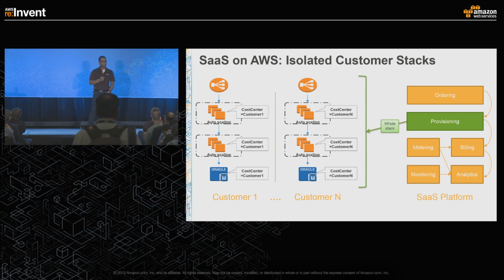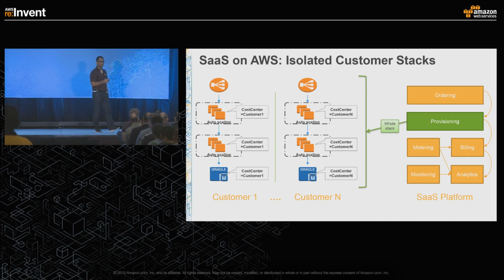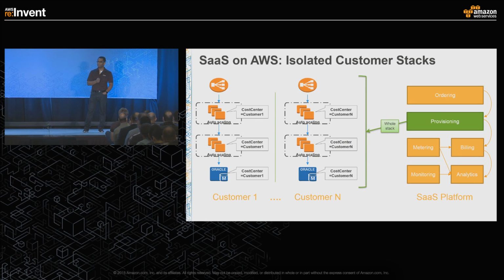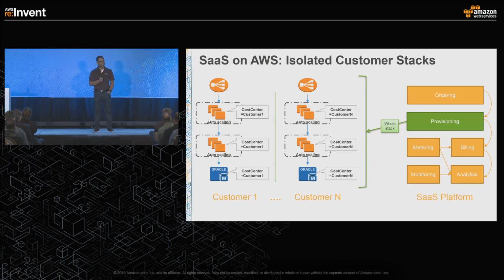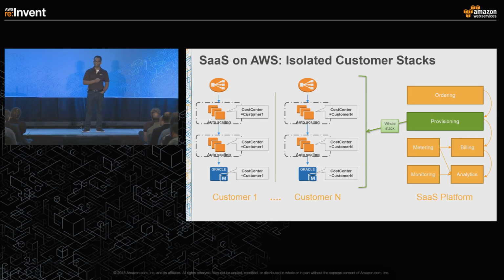Another negative is that your utilization across all of these stacks is going to be the least of the 3 approaches that we'll talk about. Additionally, you may be tempted to tweak a stack for a given customer, which will also cause a lot of unintended problems and consequences. And finally, deployment becomes more of a challenge because with 1,000 stacks, you have 1,000 places to deploy your code on a daily basis.